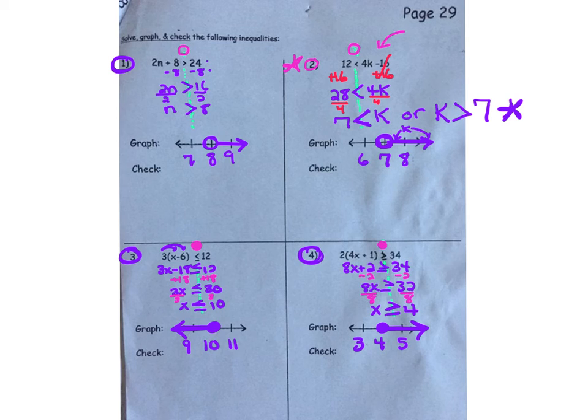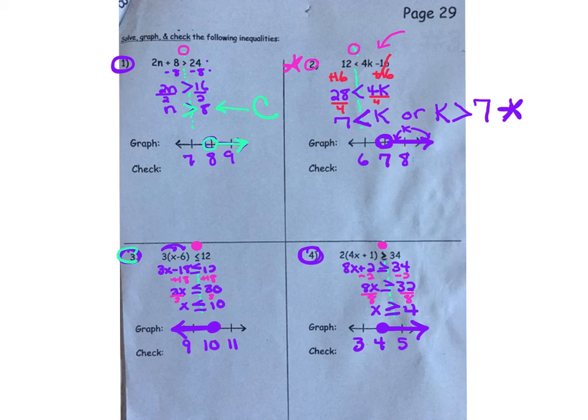Let's check your work. For number 1, you should have gotten n greater than 8. Give yourself a C. You should have shaded all the values greater than 8 with a nice open circle on 8. We're not including 8 in the solution set.